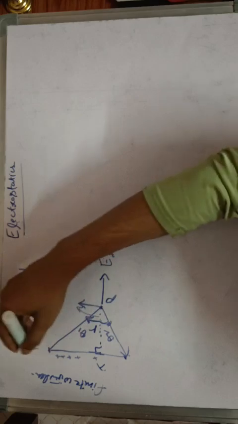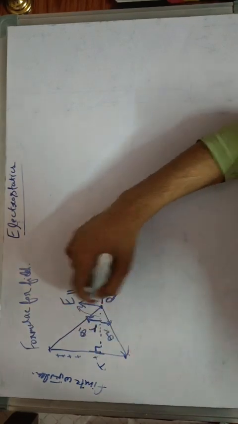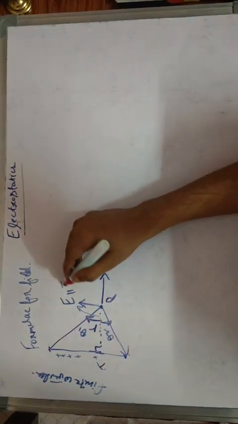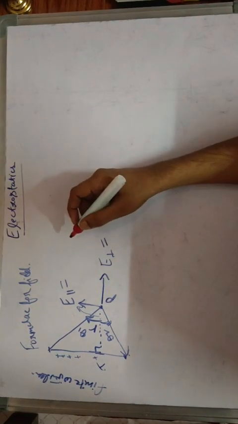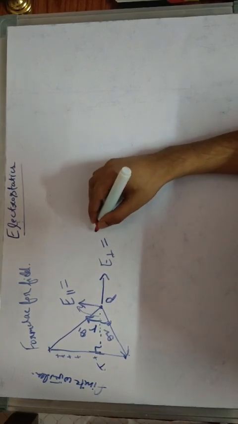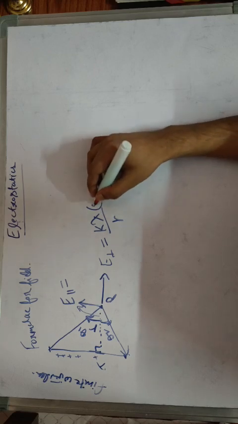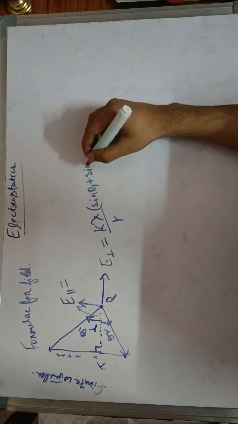In this case we get the E parallel. We call this field parallel, E parallel, because it is parallel to the line of charge. And this E perpendicular is simply given by K lambda by R times (sine theta 1 plus sine theta 2).